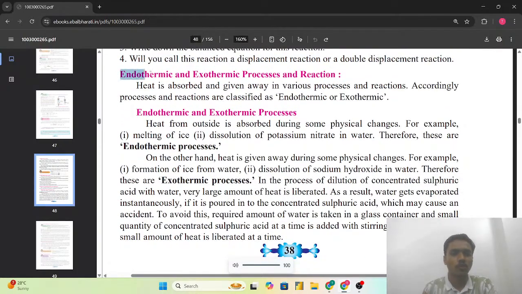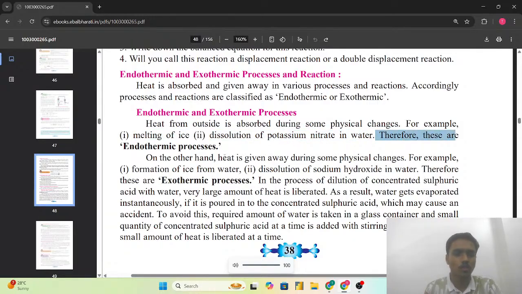The next part is about endothermic and exothermic processes and reactions. Heat is absorbed and given away in various processes and reactions. Accordingly, processes and reactions are classified as endothermic or exothermic. Heat from the outside is absorbed during some physical changes, for example melting of ice and dissolution of potassium nitrate in water.